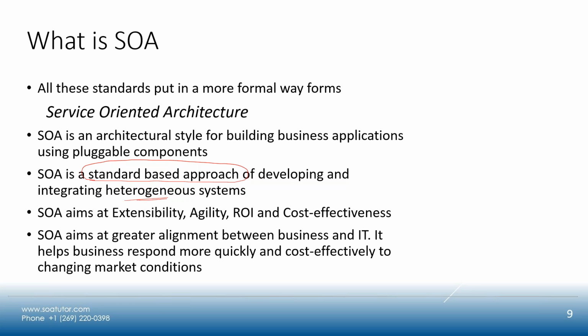So SOA aims at a greater alignment between business and IT. Okay, that is the whole purpose, right? So if business wants a functionality, IT can deliver it on time because it is following a set of standards. And even the maintenance is really easy here. So obviously the costs involved are very less. So business is happy, IT is happy.